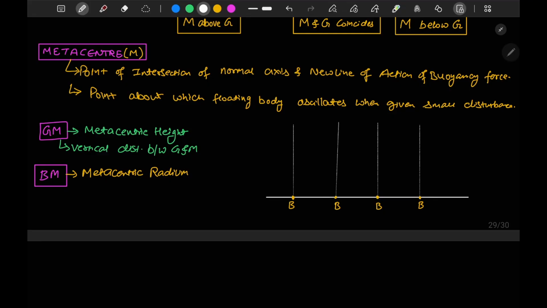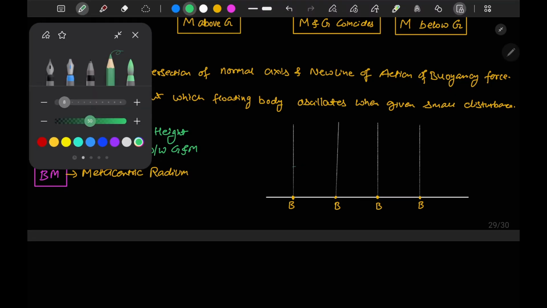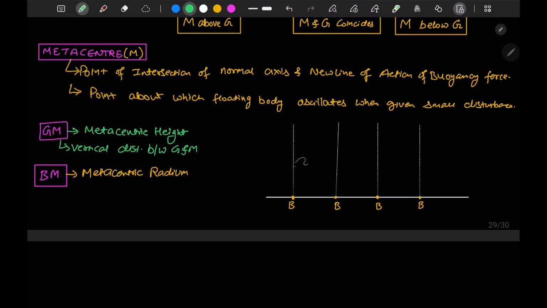Okay, let's say that this is the location of your G, this is your G, this is your G, and this is your G. And let's say that your metacentric point varies.